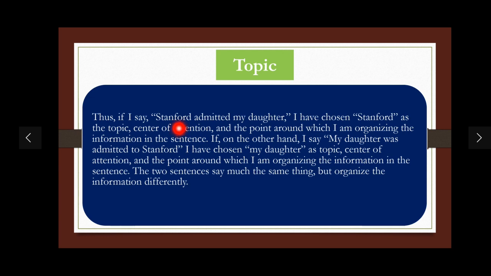So you can see how it makes a huge difference when you change the topic, when you change the subject. Clever people, when they write or speak, you have to pay attention to how they organize the subject, the topic, and how they organize the predicate, or information. We will discuss this in detail in coming slides.